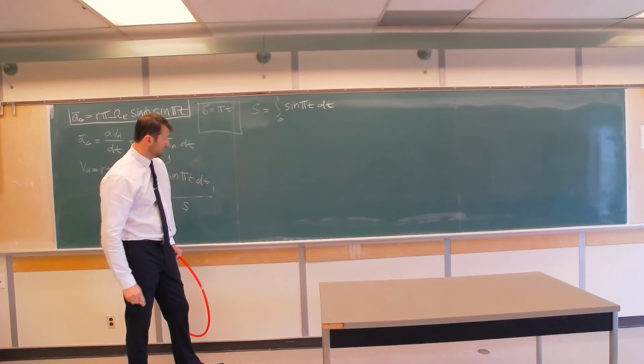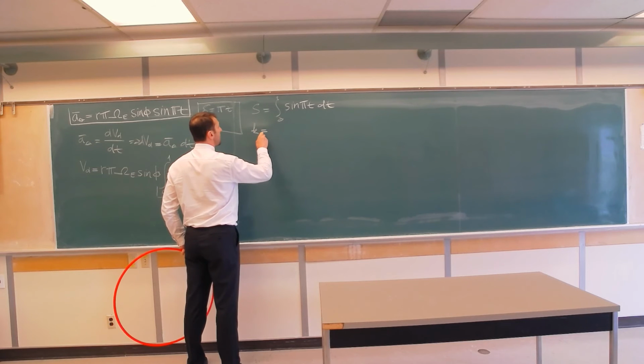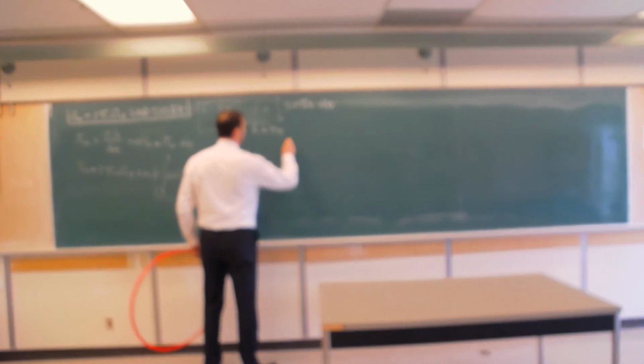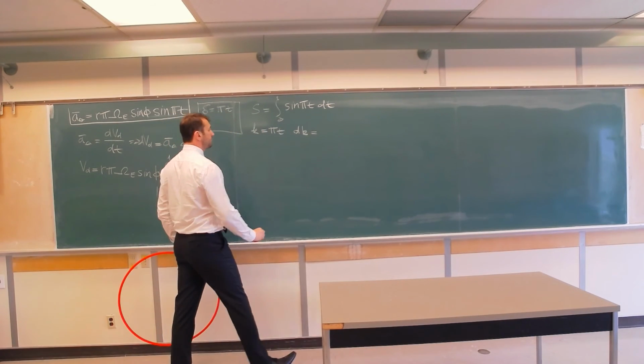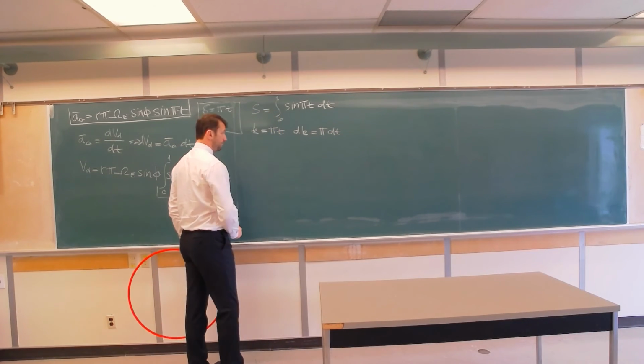How does one solve this integral? Very simple. You can introduce a substitution k that is pi times t. Therefore, dk is equal to pi dt.